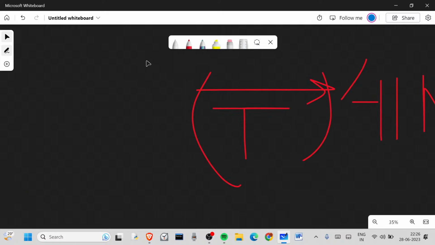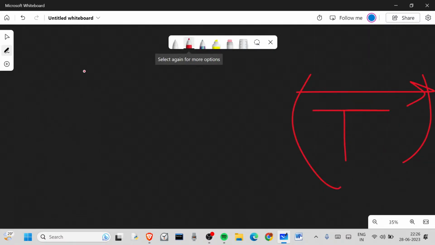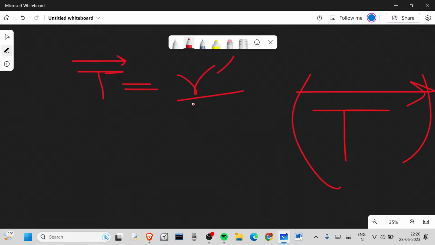To prove it, first of all, what is T? T is the tangent unit vector. It is r dash by mod r dash, where r dash is, for a position vector, its derivative with respect to the parameter, not time.